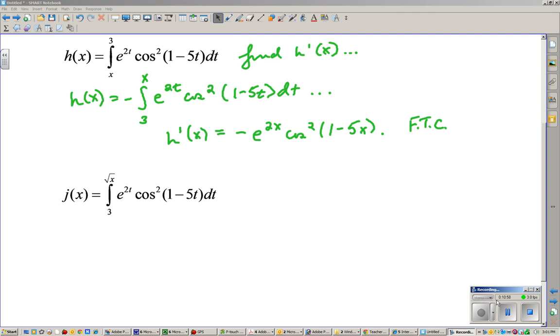I don't have it from x to 3, but rather I've messed it up in a sense by going from 3 to not x but radical x. And our instructions here would be much the same as the previous ones. This time the instructions would say find j prime x.